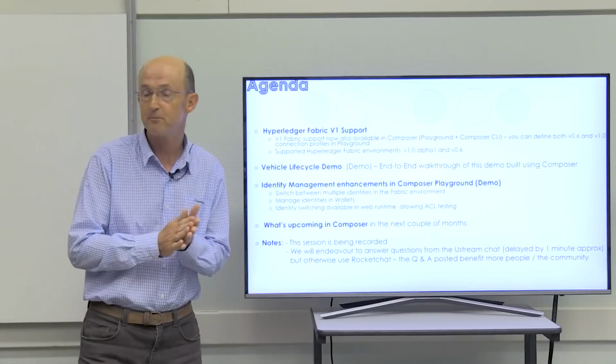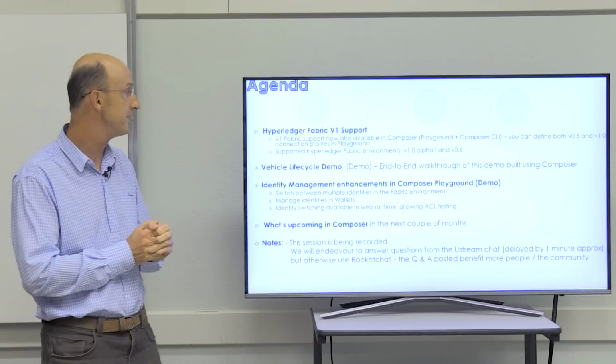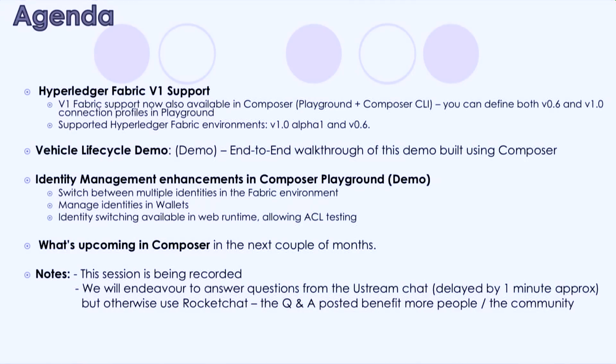Let's have a brief look at the agenda for today. We're going to introduce you to some of the things that have recently been updated in Hyperledger Composer. One of the main things has been the Hyperledger Fabric v1 support. Some of you on the live stream are aware of that already, but suffice to say, we've added v1 support in Composer, so Playground and the Composer CLI.